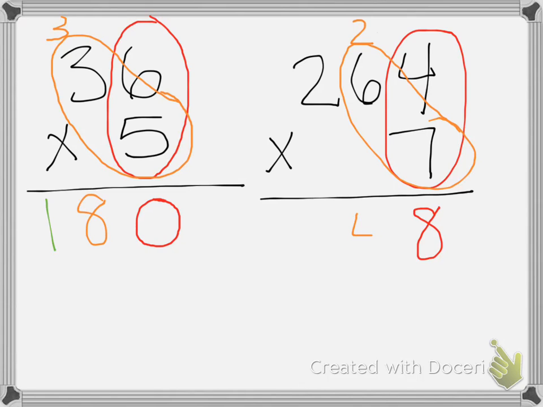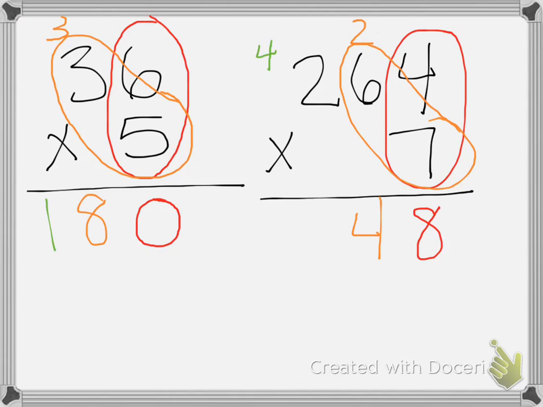I'm going to write a 4 below for my 4 tens, and then a little 4 above for my hundreds.